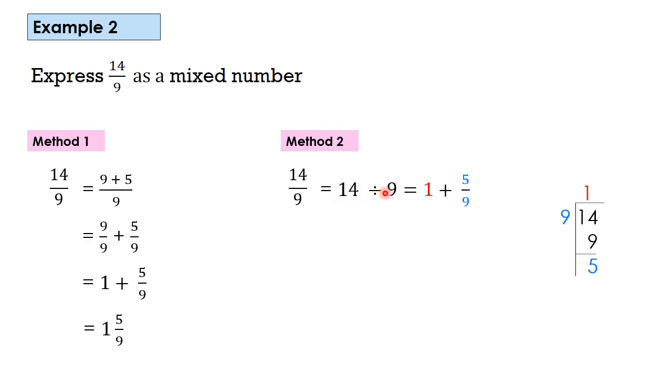When 14 is divided by 9, we need only this answer part, that is 1 time with 5 remainder out of 9. So 1 plus 5 9ths, when this is added and written together, is 1 and 5 9ths. So this is example number 2, how to convert an improper fraction into a mixed number.